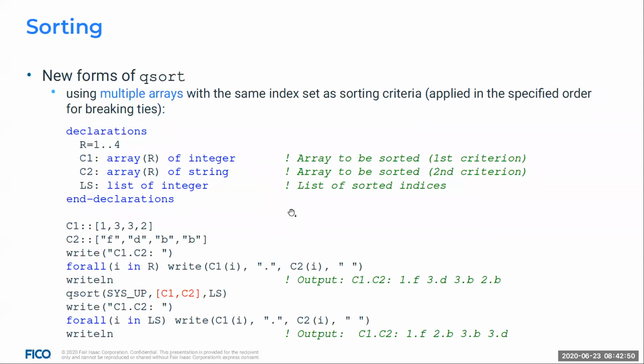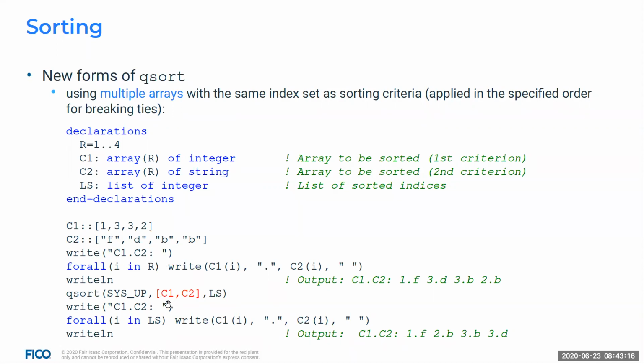But this is not all. So far, QSort has only been able to work with one criterion. So I have one array and I want to order this array. Now, what about situations where the array is not unique? I mean, the values are not unique. So I want the second array to break ties. So here I have two arrays, C1 and C2, even of different types of data. And I would like to sort.